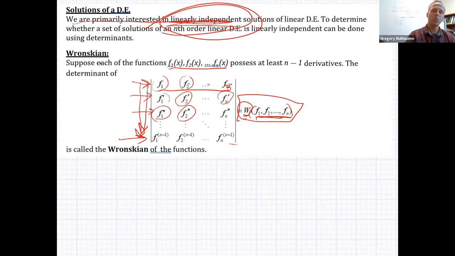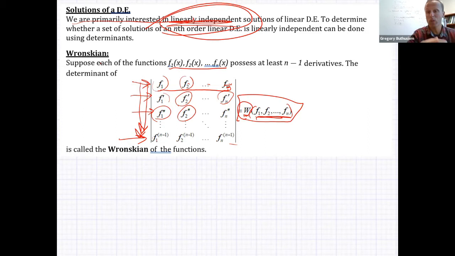So ultimately, as we do this, we're going to be trying to find solutions of differential equations. These are bigger differential equations than what we've done so far. There's going to be multiple solutions. The only solutions we're going to be concerned with are all the solutions that are linearly independent, okay? Independent solutions. I could try to figure out if these solutions are independent by just messing around with them, which is not great to do.